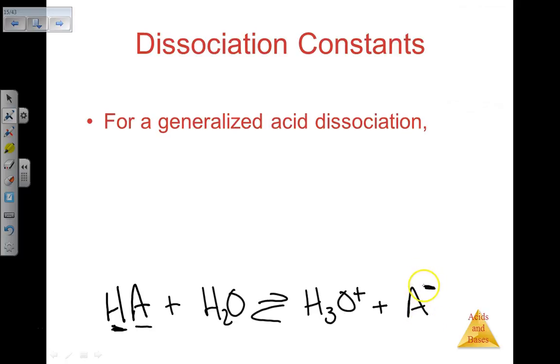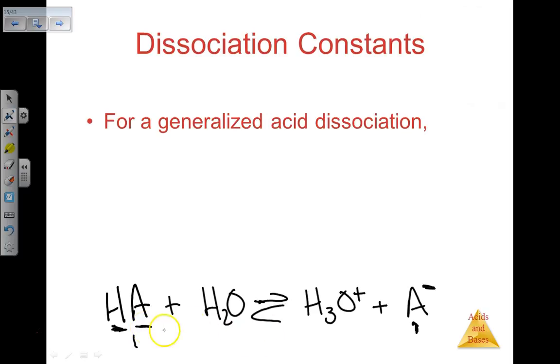We have HA, that's our acid, and that acid dissociates to give you whatever the negative ion is for that acid. In this case, we're doing it in general as A minus.